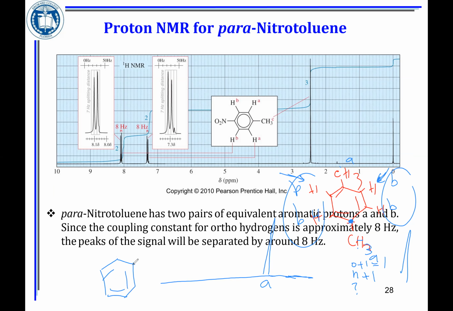Benzene ring has 6 hydrogens. But if you want to replace one of these hydrogens with methyl group, then there is 0 hydrogen on this. So either is substitutions or hydrogen. If there is no substitutions, it's going to be a hydrogen.